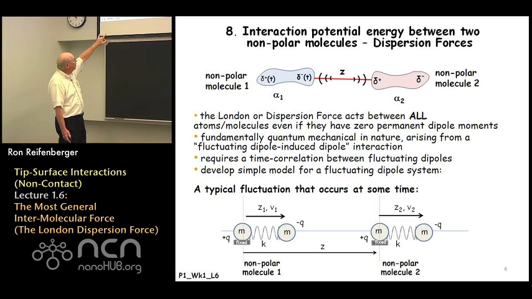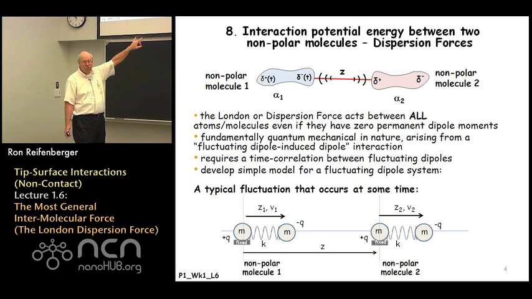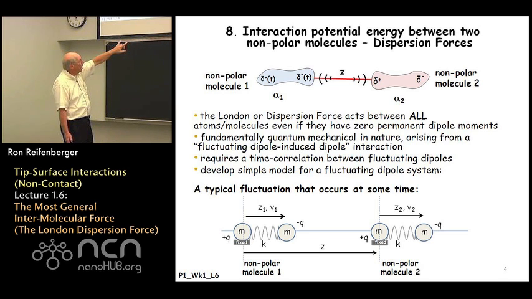What you see here is that the spring is extended and the charges are separated. There's then an instantaneous dipole moment associated with the spring system on the left, and that instantaneous dipole moment can then induce and interact with a dipole moment in a second spring system located on the right.